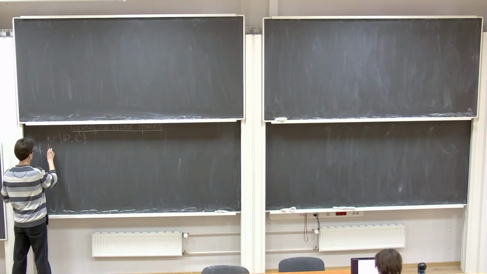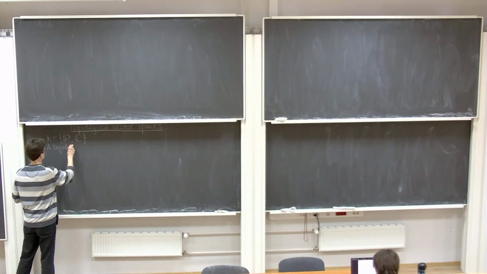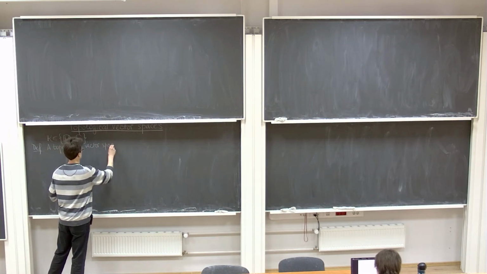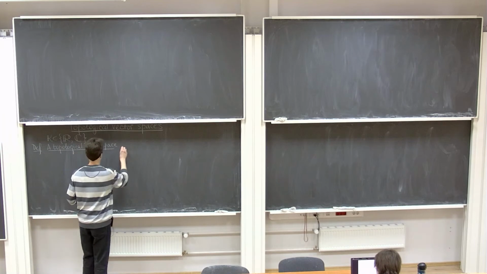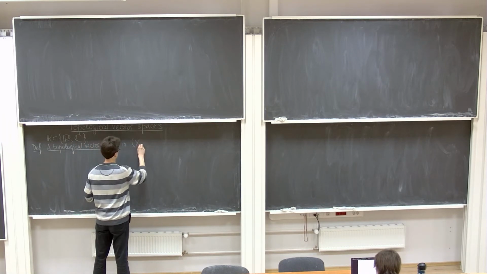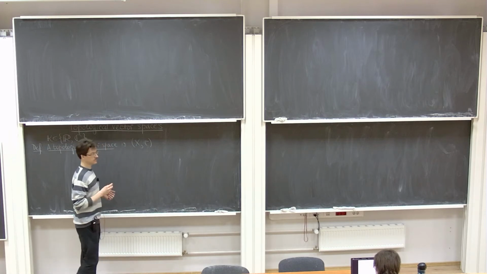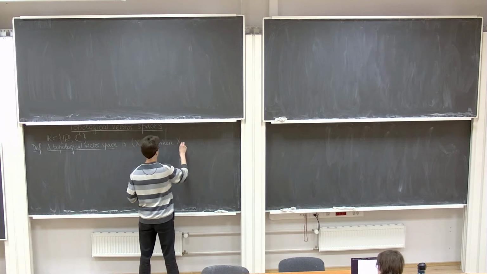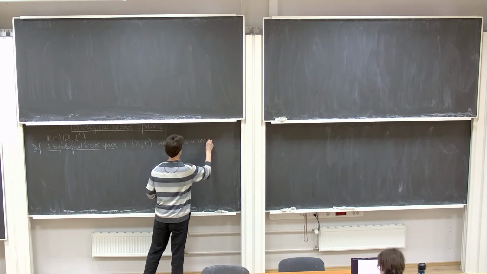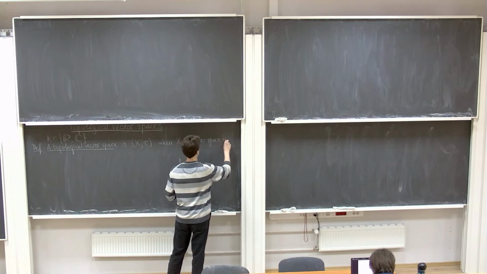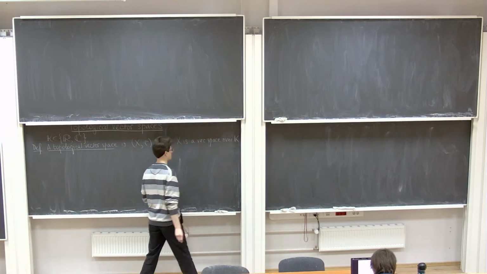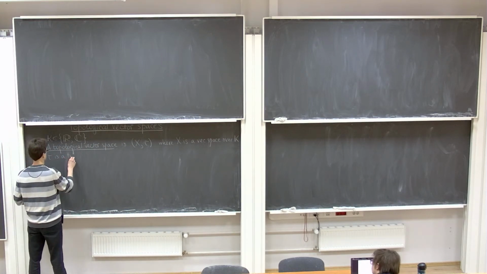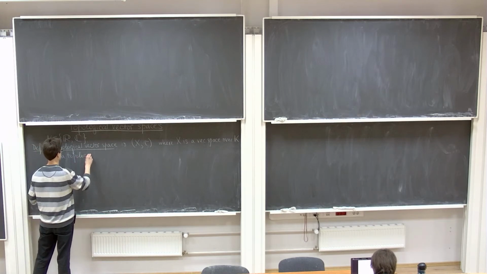By definition, a topological vector space is a pair X and tau consisting of a vector space X, where X is a vector space over K, and tau is a topology on X.